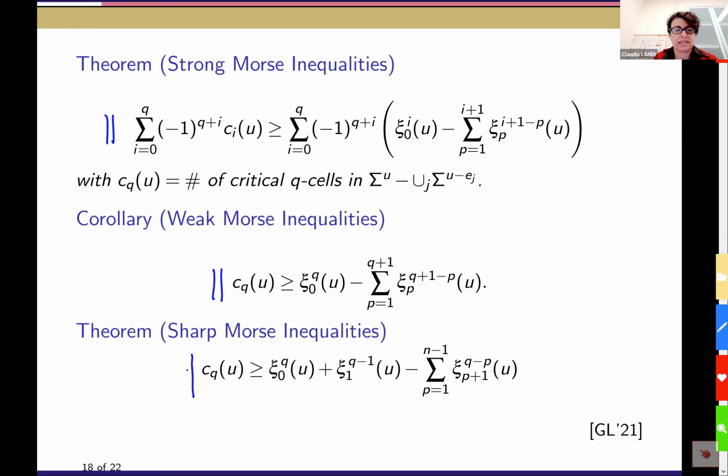And we get these inequalities that are sharp now, so they cannot be improved, at least if we check what happens on a sphere.